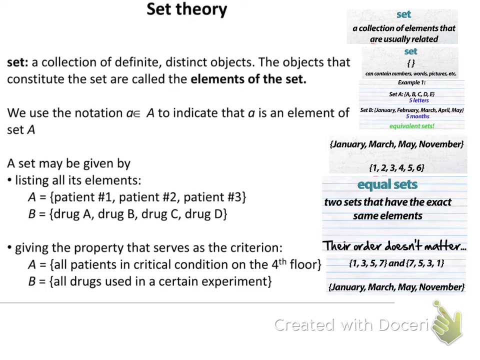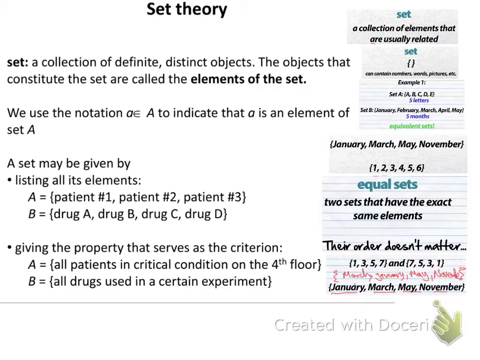Okay, the same example we can take here: if we have January, March, May, November, we can also have an equal set which starts with March, then January, May, November.